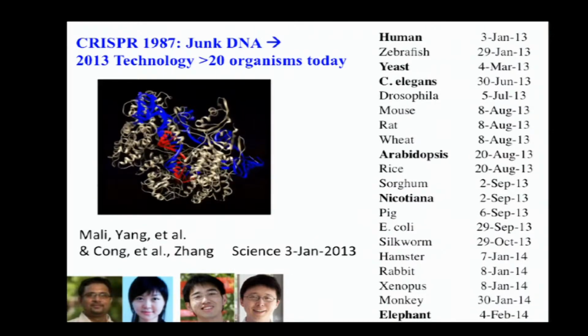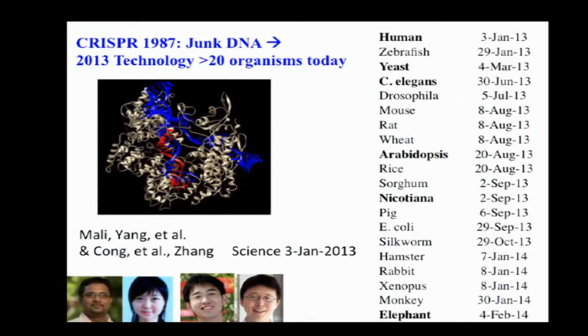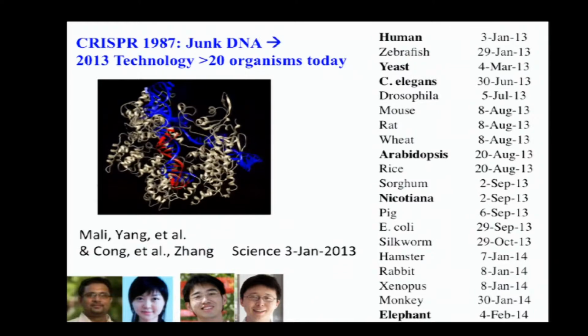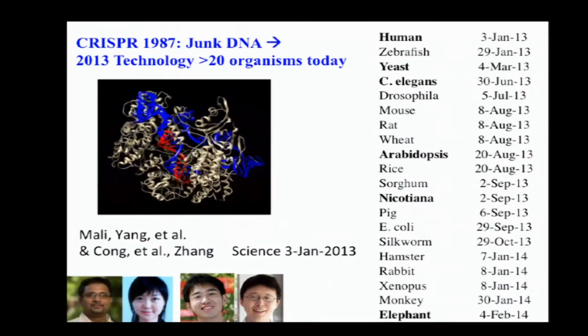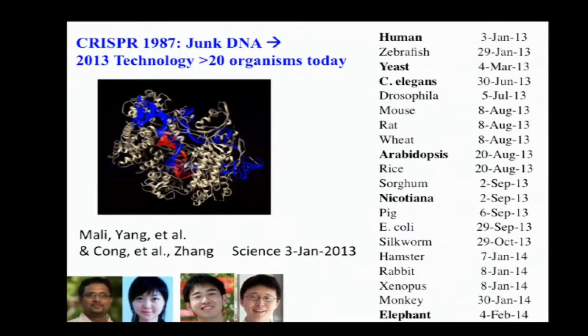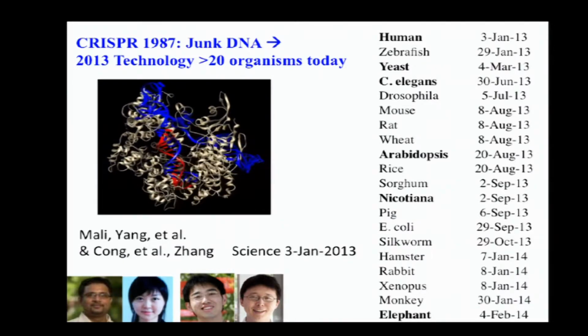And then it became surprisingly easy, once it made that jump, to get it to work in every organism that we and others have tried. So now there are at least 20 different organisms that this works in: fungi, plants, and even elephant.